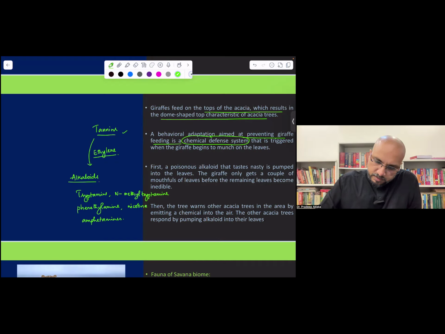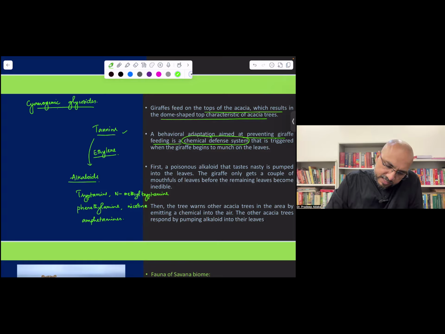Okay, and also cyanogenic glycosides are produced.